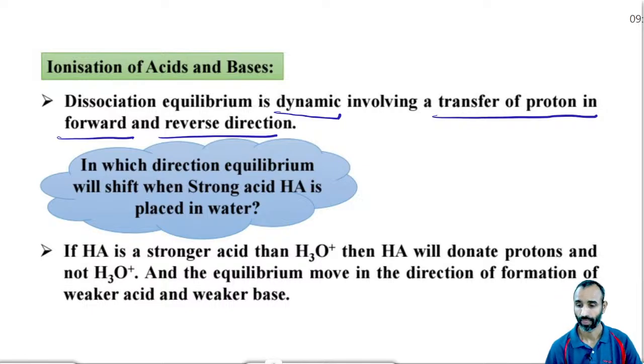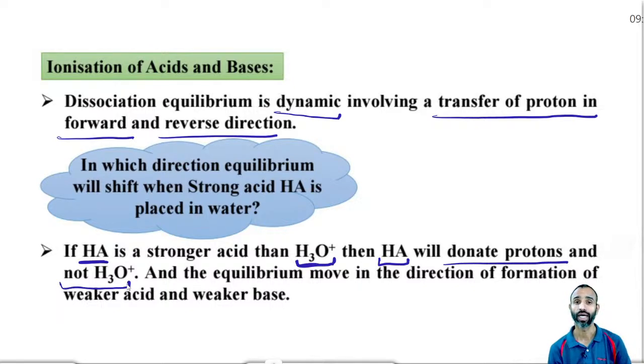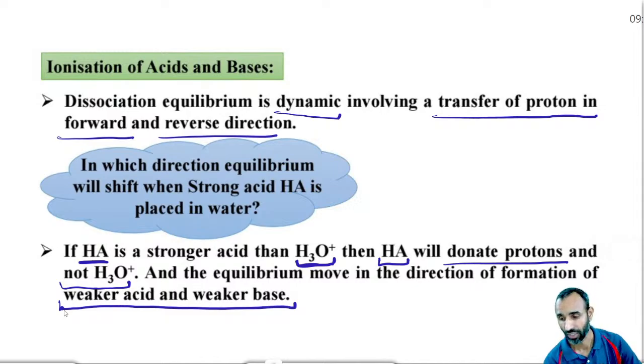If HA is a strong acid, then HA will donate protons to water to form H3O plus. And equilibrium always moves in the direction of formation of weak acid and weak base.